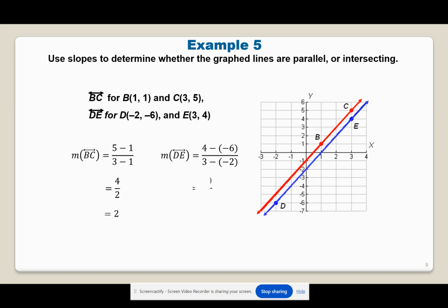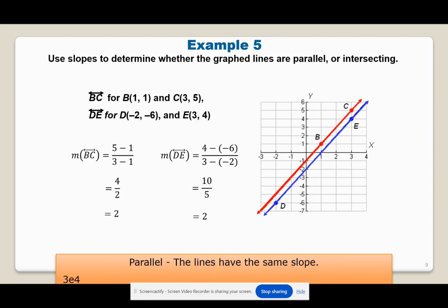Okay? And that's going to reduce to 10 over 5 because 4 minus 6 is 10. 3 plus 2 is 5. Reduce it because right now it doesn't look equal, but if I reduce it, my answer becomes 2. So now I can see that these two lines are actually parallel. They have the same slope.